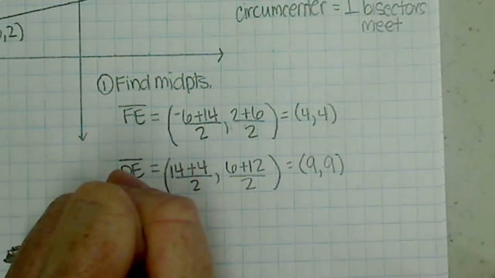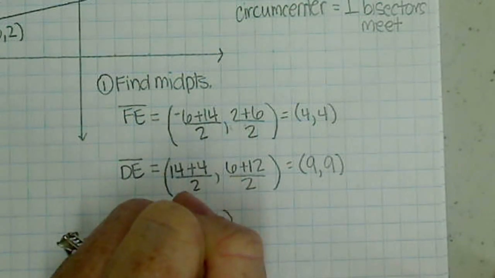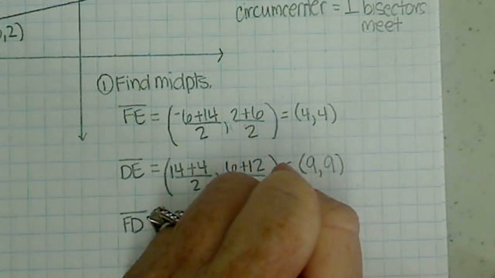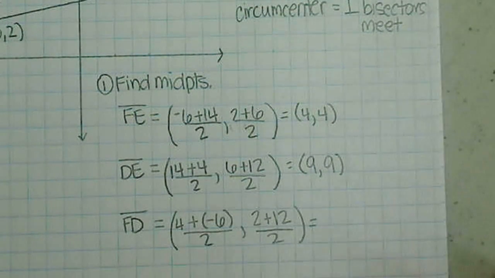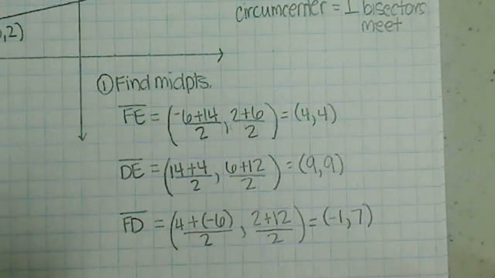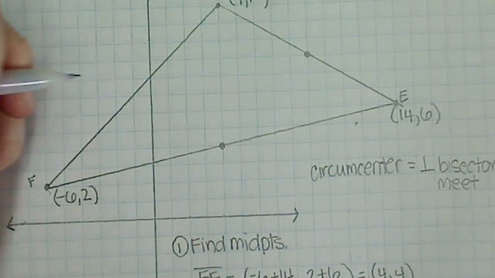So we have 4 plus -6 and 2 plus 12. So that's the point -1, 7 on our triangle.